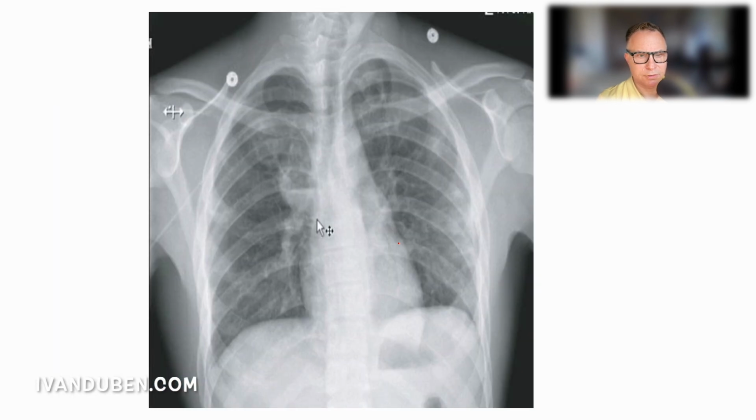Just an x-ray. We can also see here the effusion that's happening. The x-ray is picking it up on the inside, and so you get the fluid.